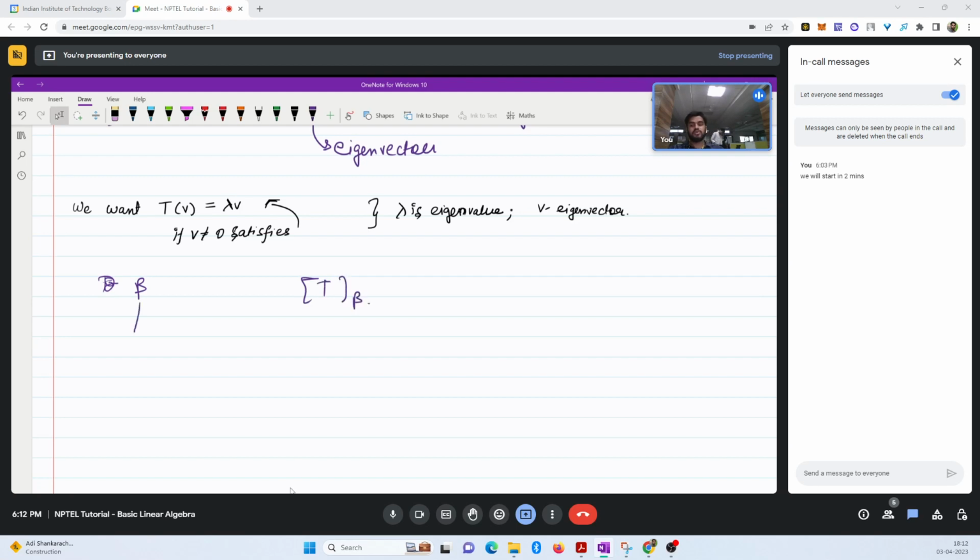So one answer is that if you have a sufficient number of vectors satisfying this property T v equals lambda v, so that you can form a basis out of these kind of vectors, then you will have this kind of representation. Okay, then this will hold.